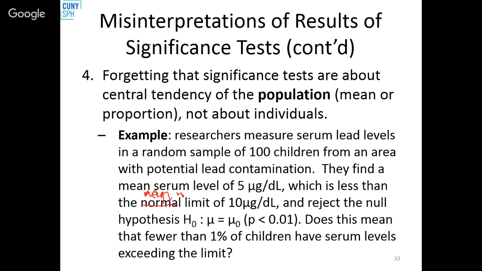So apparently they're not being exposed to the contamination, which is possible, right? If the null hypothesis is true, and maybe there's lead in the soil, but they're not being exposed to it, then sampling variation could cause them to have an average serum contamination level above or below under the null.